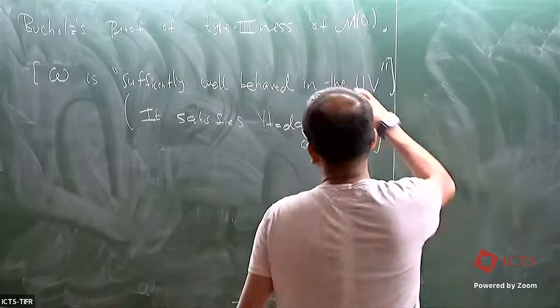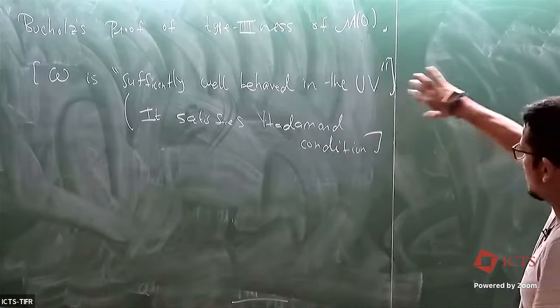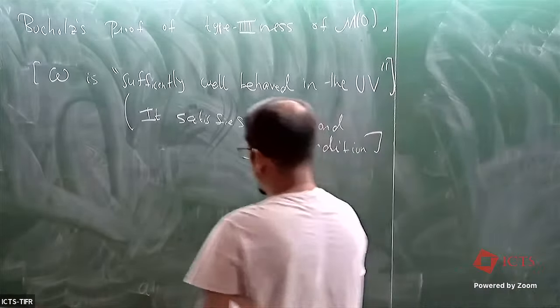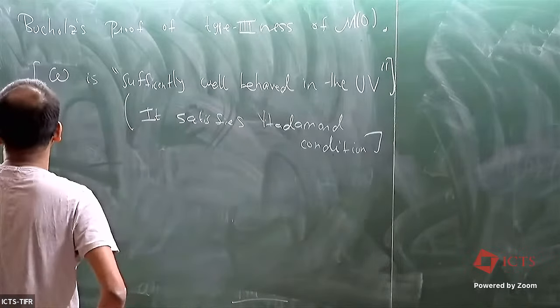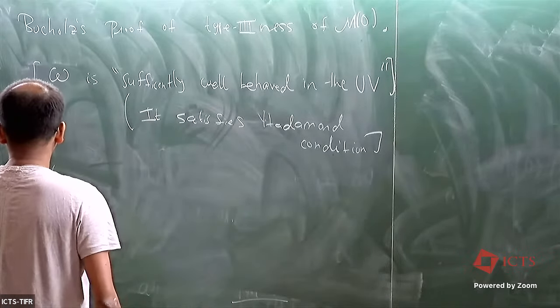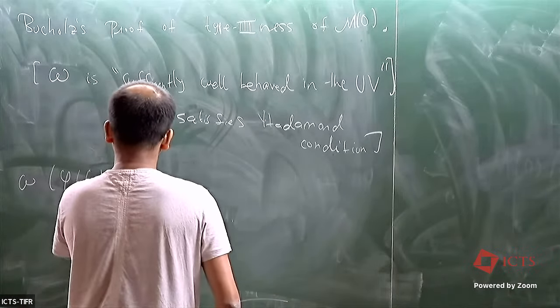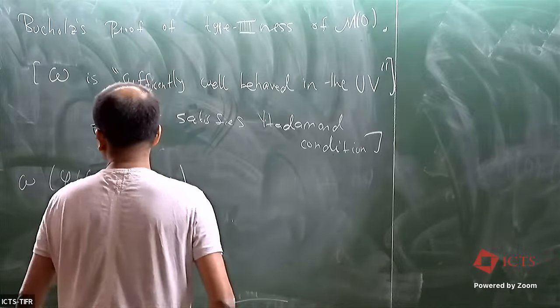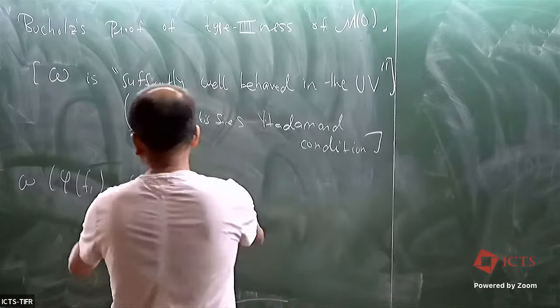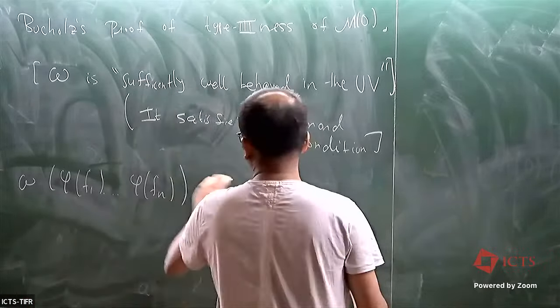This was an assumption on omega in Buchholz's original proof, and basically the statement is the following: consider omega of phi(f1) to phi(fn). Let's say all these f1 to fn are defined inside a single O, because of course we are looking at M(O), so we are looking at correlation functions of localized operators inside M(O).